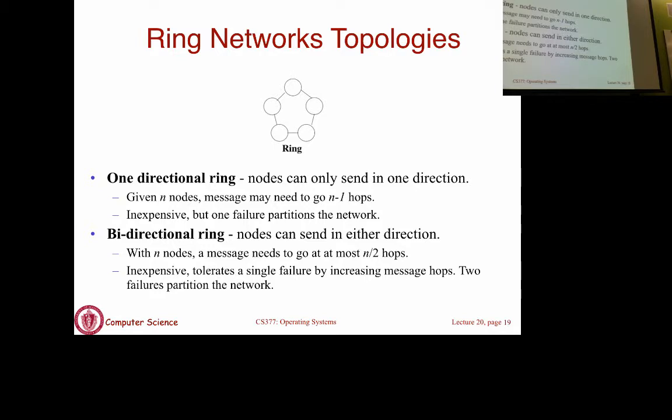In a bidirectional ring, the worst case is n over 2 hops. The worst case is when I send a message to a node that's diametrically opposite to me, so it has to traverse half the ring to get there. The number of hops is the number of steps you have to send the message for it to get where it needs to go.